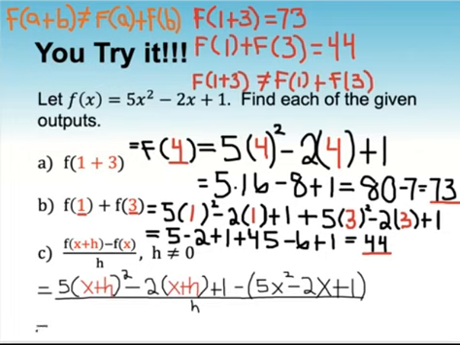So that's going to equal 5 times x plus h squared, just like we saw in the last example. I'm just going to do the shortcut here because I don't have room. But we have x squared plus we have x times h plus h times x. That's just going to be 2xh.